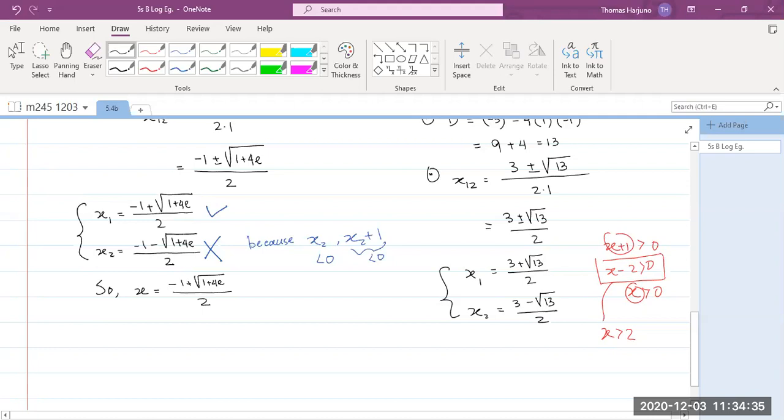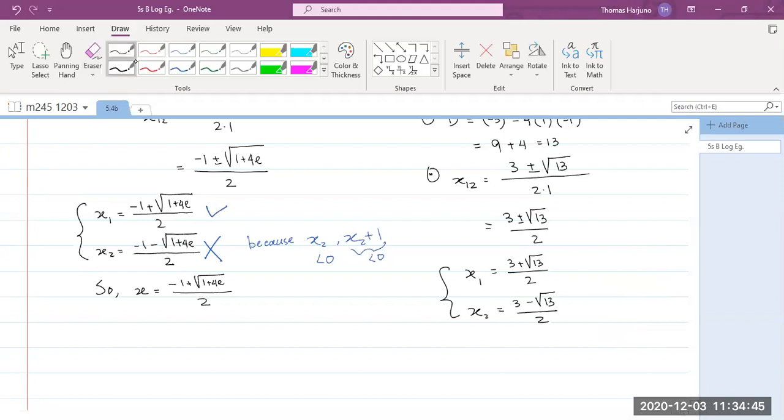Okay, now of course another way you can do this is take a look at the approximate value. So use your calculator and then compute this. Okay, 3 plus radical 13, whatever the result divided by 2, I get this is 3.30278.